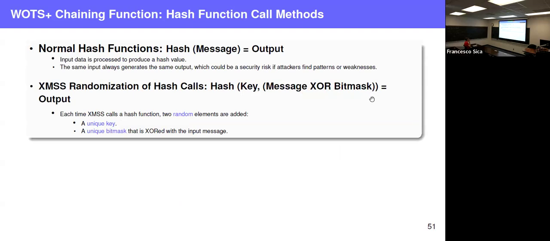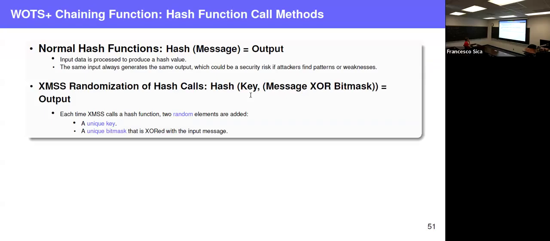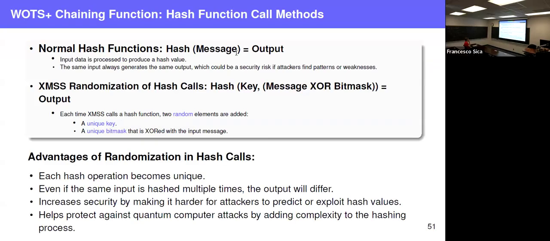This bit mask is unique and randomly chosen, and after that the result is given, with a unique key produced by the pseudo-random function, to the hash function, and then we create a randomized hash message digest. It differs from the normal hash function, where we give the original message to the hash function to get the output.